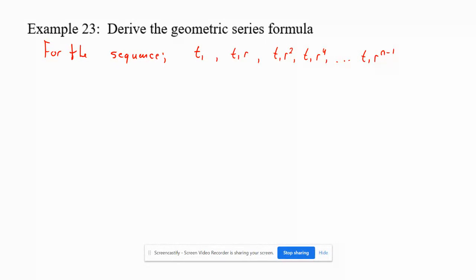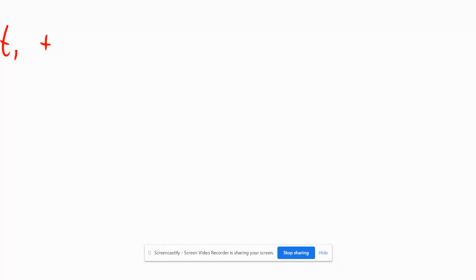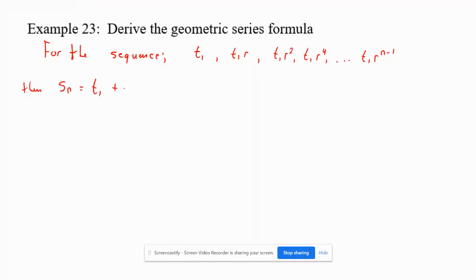Okay, here's what we're going to do. So then that means Sn equals, so the only difference, guys, between the sequence and the series is I'm replacing the commas. So a sequence is a list. That means the series is the sum of these guys.